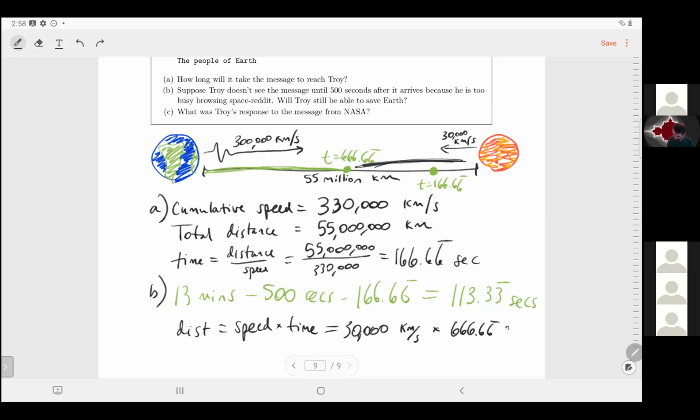Okay, so we can figure out what that is, and I think you get 20 million. I think it's a nice round number. Kilometers. So I've made 20 million kilometers out of my 55 million kilometer journey. So I have 35 million kilometers to go.